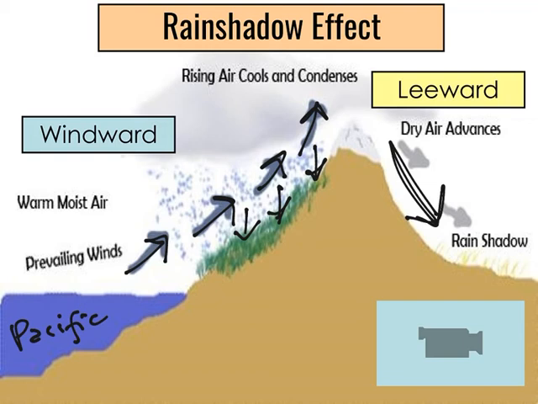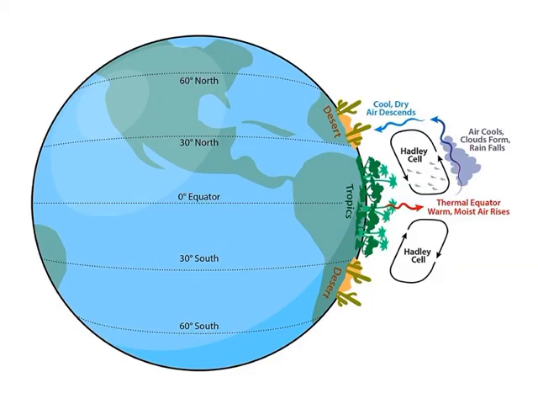Then the air is going to go over this mountain peak and start to descend, and on this opposite side it's descending as dry air because the water was released on the other side already. So this dry air creates this desert-like climate or biome on the opposite side of the mountain.